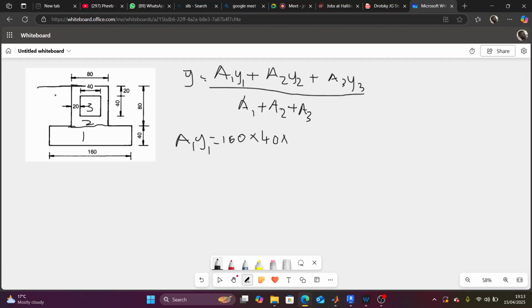Now, how do we find the y? Y is the distance from the reference plane to the center of gravity of this shape here. The center of gravity of this shape is found in the middle, at the midpoint. So what is that distance? This is 80. You first have 80, then plus 20.